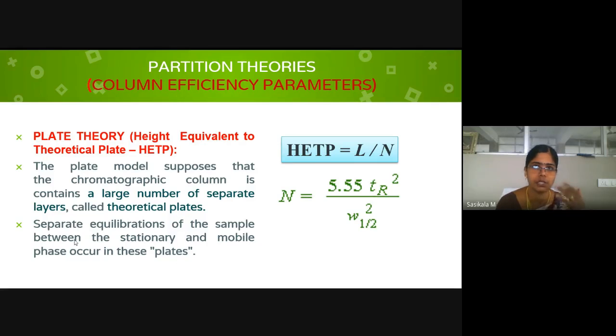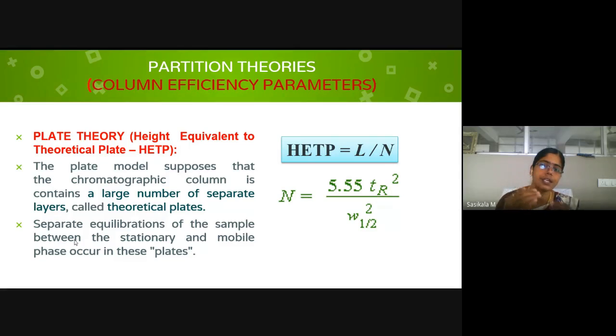Each plate is meant for one analyte separation. So if you have, in a prescribed length of column, for example a 10 centimeter column, more than 100 theoretical plates, then we can separate that many samples, more than 100 samples, one in each plate present inside the column.